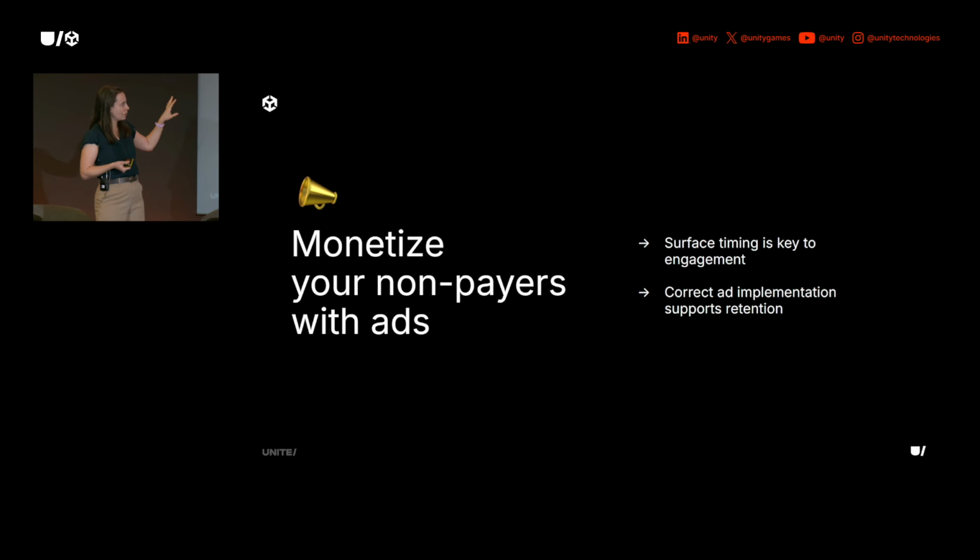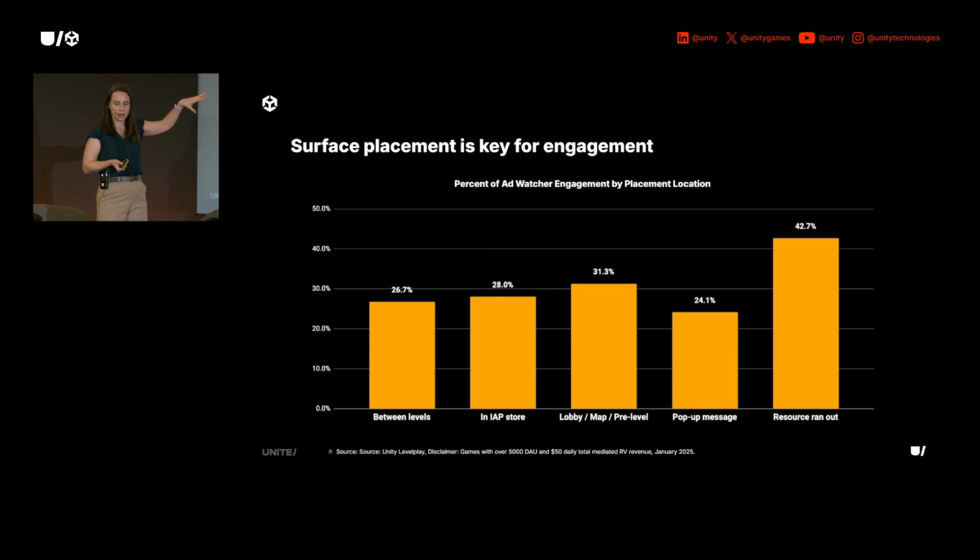But I want to share with you a little bit of data about why surfacing time is so important. And then we're going to go into ad implementation as well. So this is data that shows you how players engage with ads in different placements in the game, okay? Now, this is a little bit depending on the genre that you're building in, right?